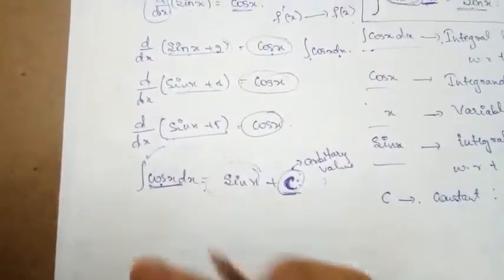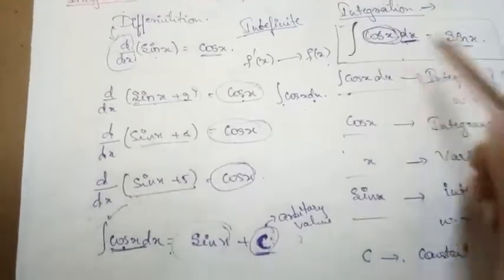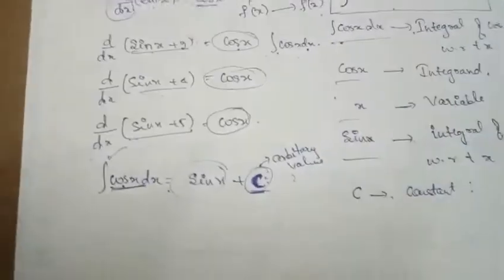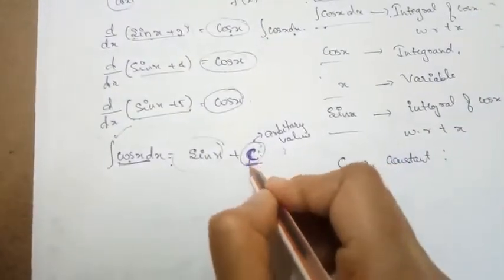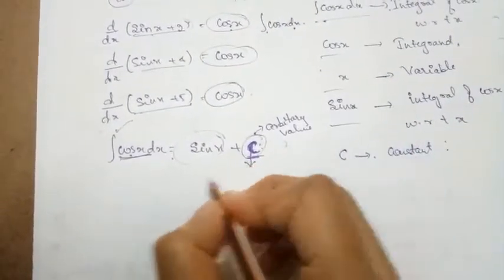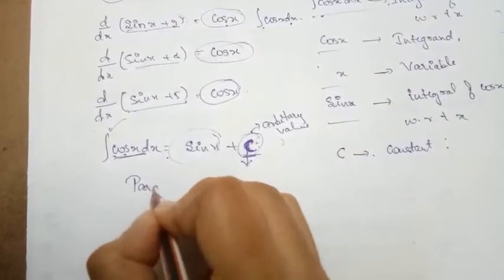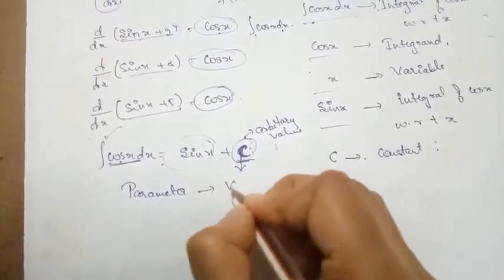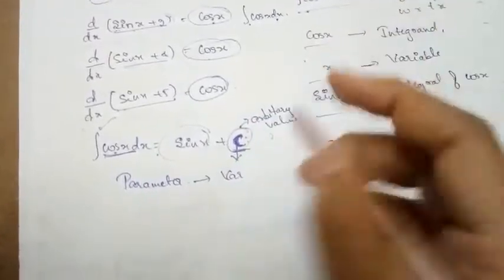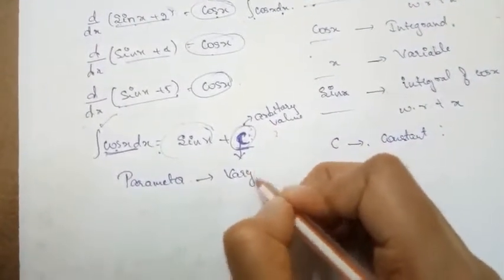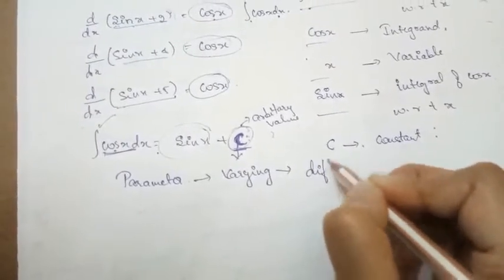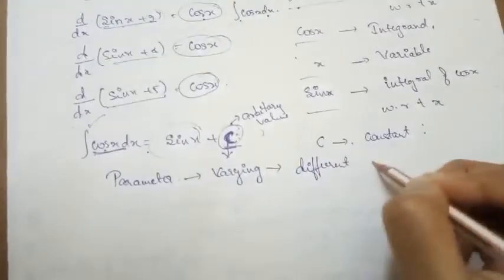Okay, so up to here, let us understand that when we talk about any function, we are representing it with some function plus c. So we can say in general that c is one of the parameters. Since I said it is an arbitrary value, by varying this value of c we are going to get different antiderivatives.